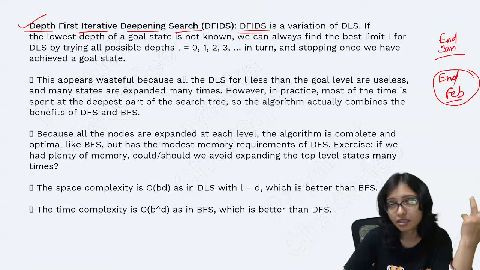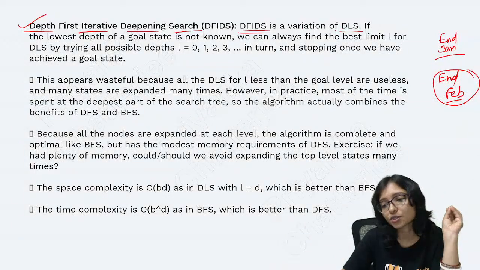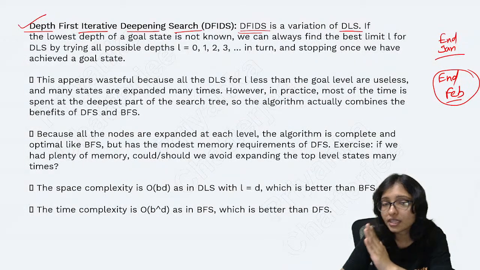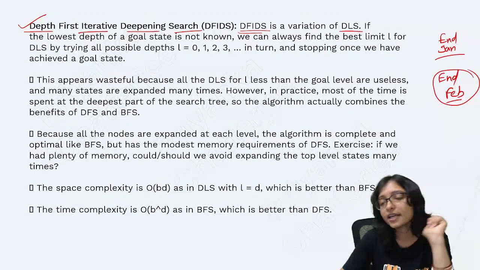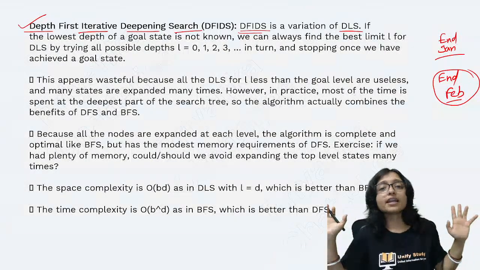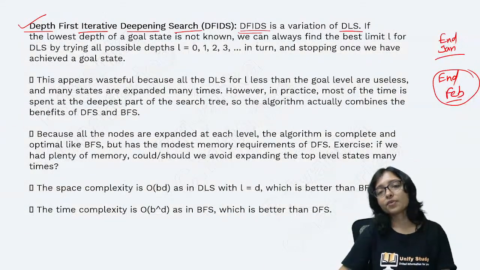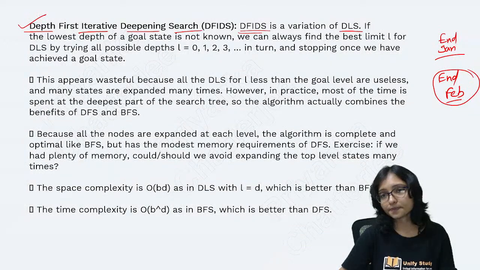It is one variation of depth limited search. All are related. If you learn with the relation, then everything will be clear. If we learn haphazardly, then it is not clear. Whenever we learn one by one, step wise, it will be very clear, and you can relate all the algorithms.